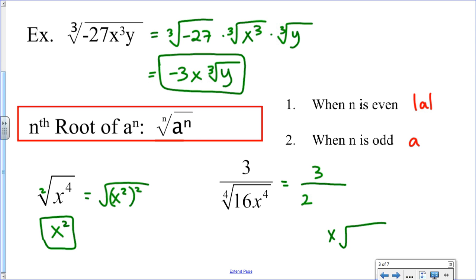So you have to type in the 4 first, then you hit this button, and then you hit 16. Okay, what's the 4th root of x to the 4th? X. Good. Okay, questions about those?